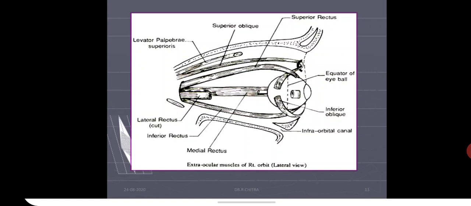If you have to see this inferior oblique, we have to dissect through the lower eyelid. Then we will reach this floor of the orbit, and then we can see the inferior oblique. You can see both the obliques are inserted. You can see this passing below the inferior rectus, then under cover of lateral rectus, so that only lateral rectus is cut to show the insertion. Both oblique are inserted behind the equator, in the postero-superior quadrant of the eyeball.